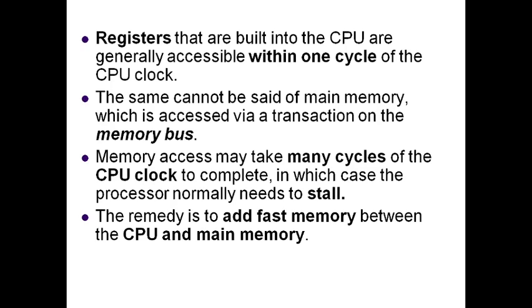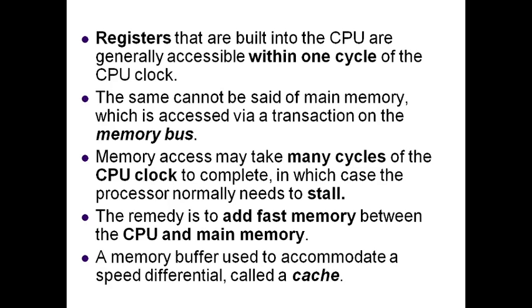So we need a somewhat larger memory, which is quicker than main memory and larger than registers. The new memory has to be somewhat larger like the main memory and somewhat quicker like the registers, and that memory is what we call cache memory.